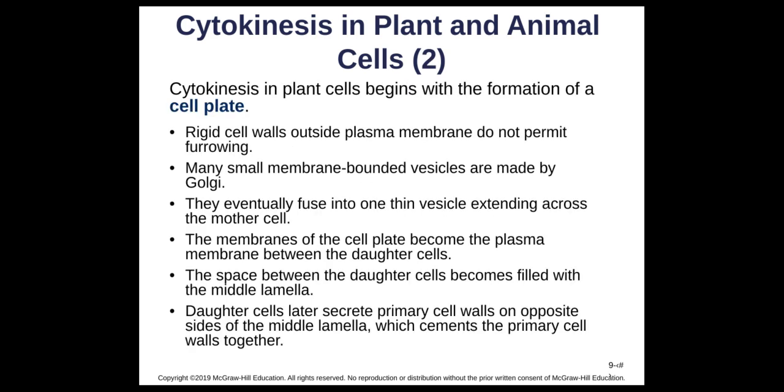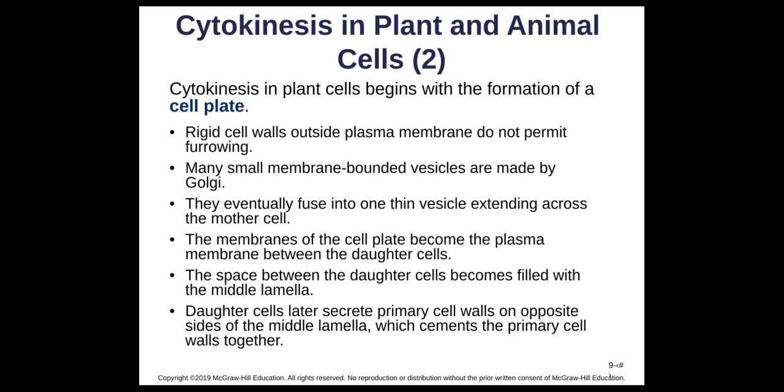In plant cells, we can't just pinch in like a water balloon because we have our cell wall. So we're going to make a cell plate that is going to be made from the Golgi body or Golgi apparatus, sending out vesicles that will line up in sort of a midpoint of the cell. And then eventually, all those vesicles will fuse into this thin membrane and then a cell plate.